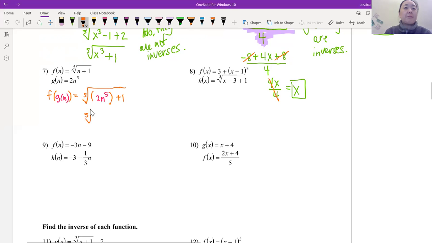So I'm just going to write the 5th root of 2n to the 5th plus 1. I would like to cancel out the 5th root and the 5, but I can't because of this 2 and the 1. I still have the 1 here, it doesn't cancel out. So this is all I have, right? So I would say this does not simplify down. No, they're not inverses.